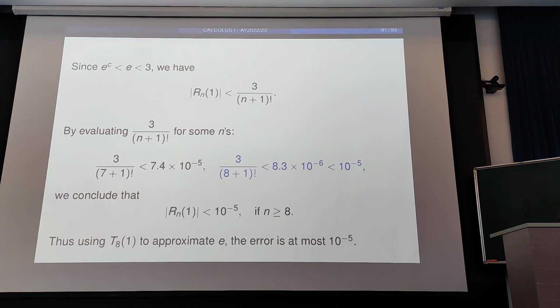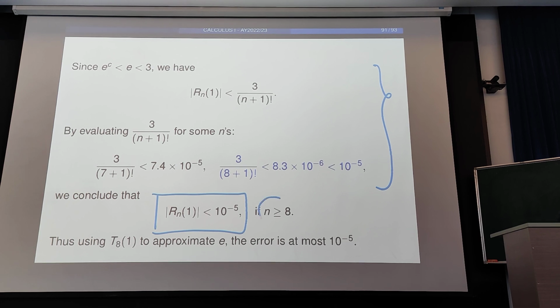Okay, so you should take a look at the steps yourself, and you can see that we have this estimation if n is greater than or equal to 8. Right, that is what we want.